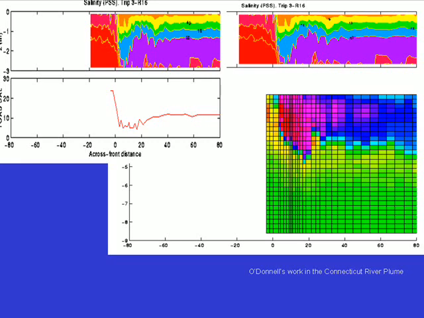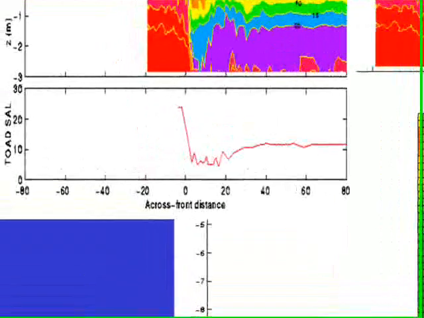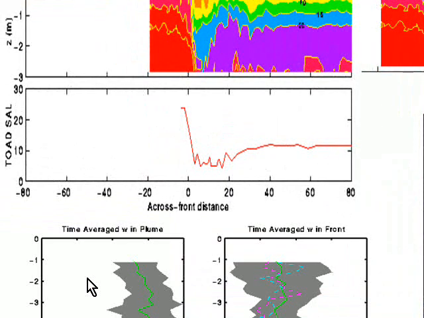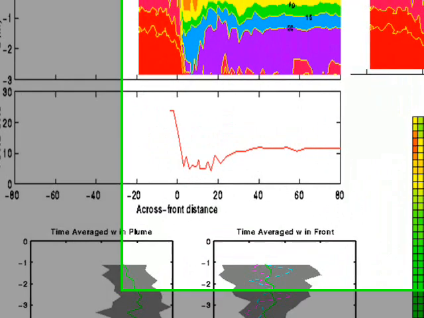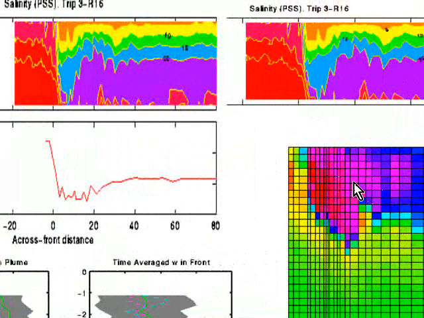And how can we see that? We can verify a value like this, 10 centimeters per second, just by looking at the vertical profiles of the ADCP that measure this section.